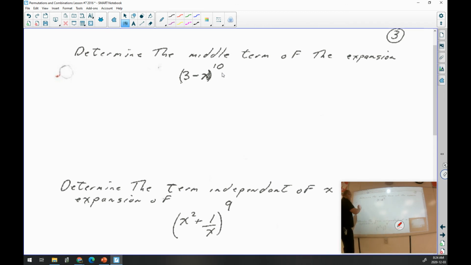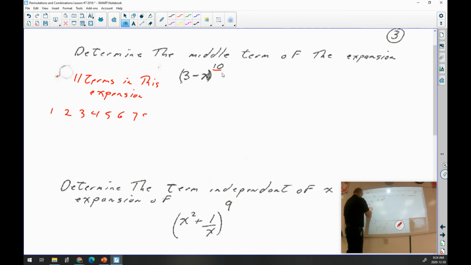Well, there are 11 terms in this expansion. There's always one more term than the exponent of the expansion. So basically, I've got 11 terms: 1, 2, 3, 4, 5, 6, 7, 8, 9, 10, 11.